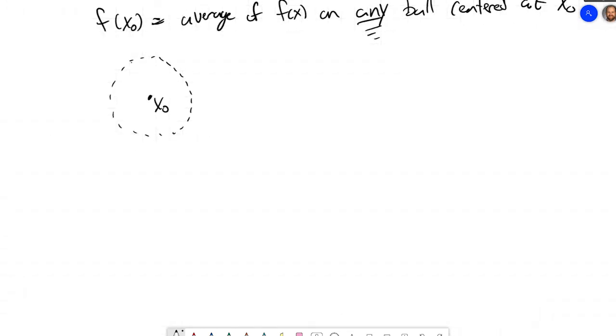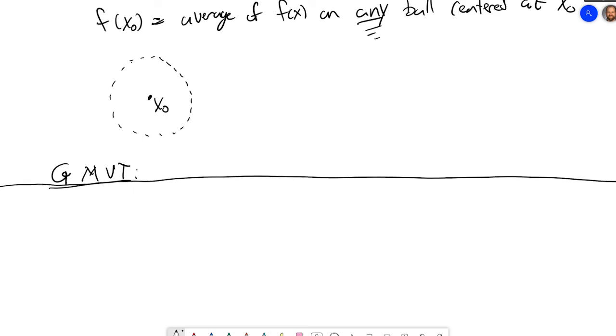Well, I study something that I like to call the generalized mean value theorem. Now, this was a theorem that my advisor had a hand in proving, and his advisor was the one that actually touted its existence to begin with. But what it says is, if we look at what I like to call generalized harmonic functions, which are functions that satisfy, well, this equation I had written up before.